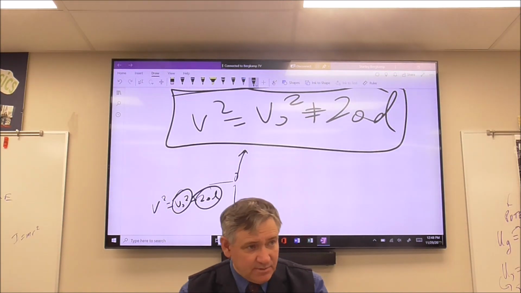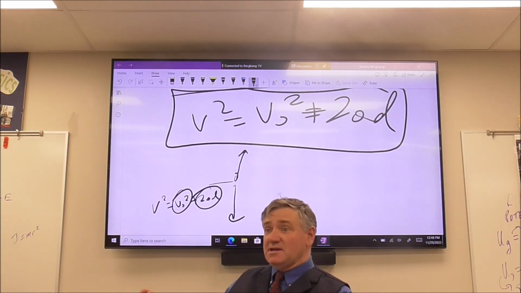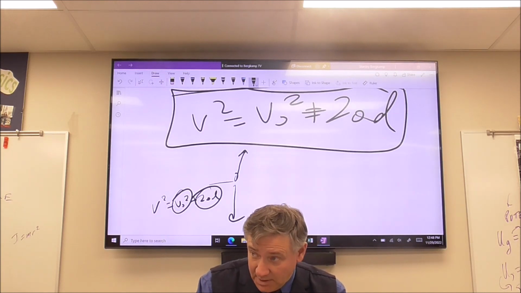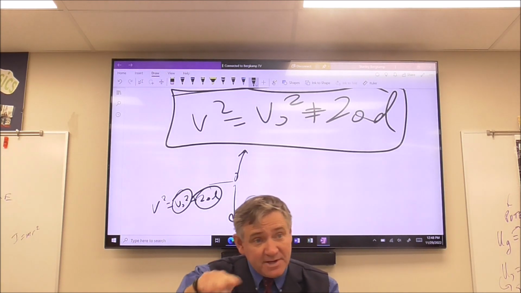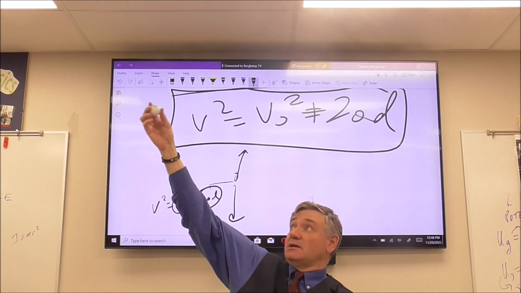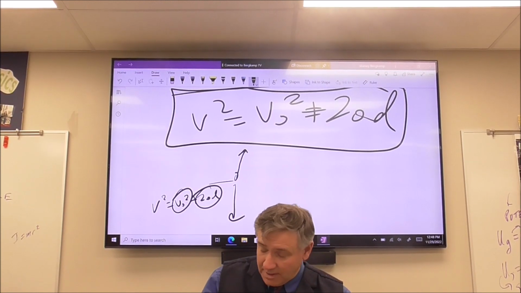So that's just going to be 2ad. If I throw it, then my v naught value is not 0. So that means I'm going to have a bigger number on the right, so it's going to land with more velocity, because it's in effect falling from a greater height when it hits the ground.